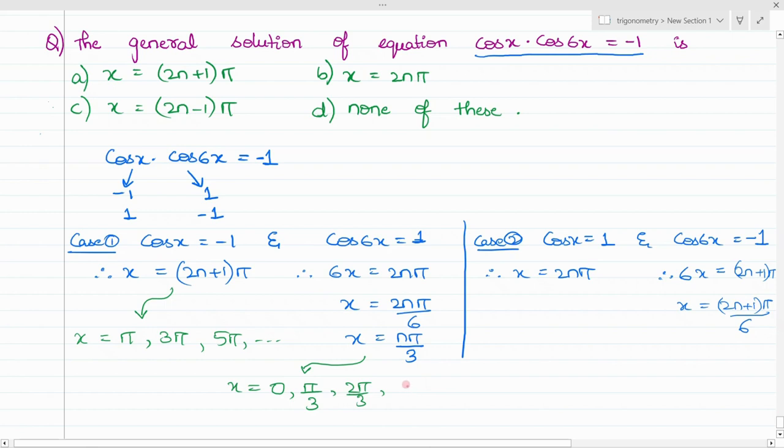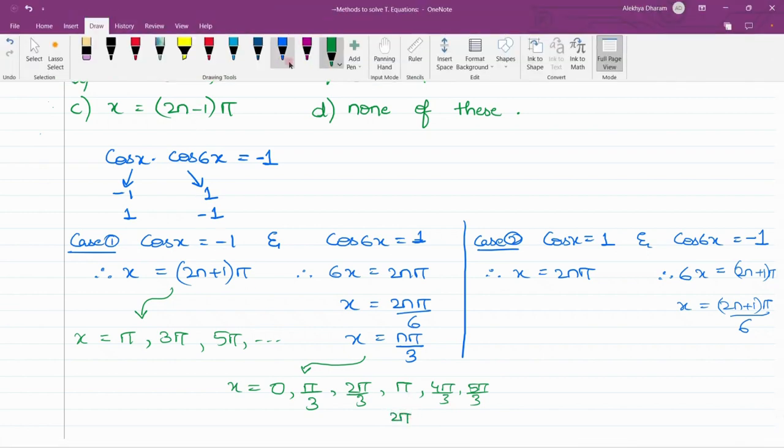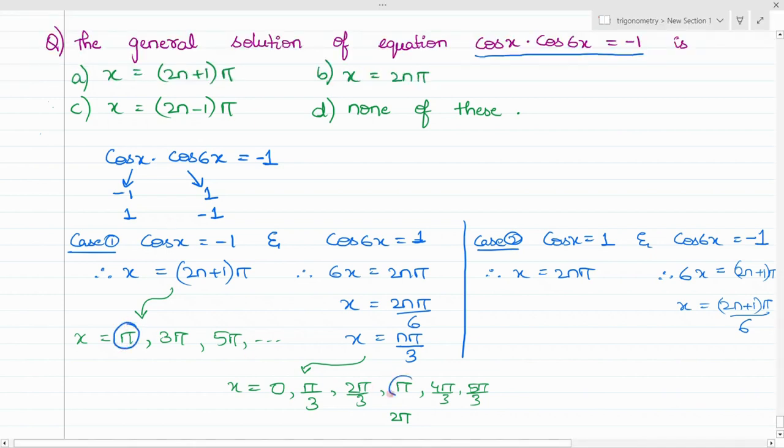Next, 3 pi by 3 is nothing but pi. 4 pi by 3. 5 pi by 3. 6 pi by 3 is nothing but 2 pi. So if you observe, the common values will be pi. Next, 2 pi is not there, so the next value will be 3 pi.